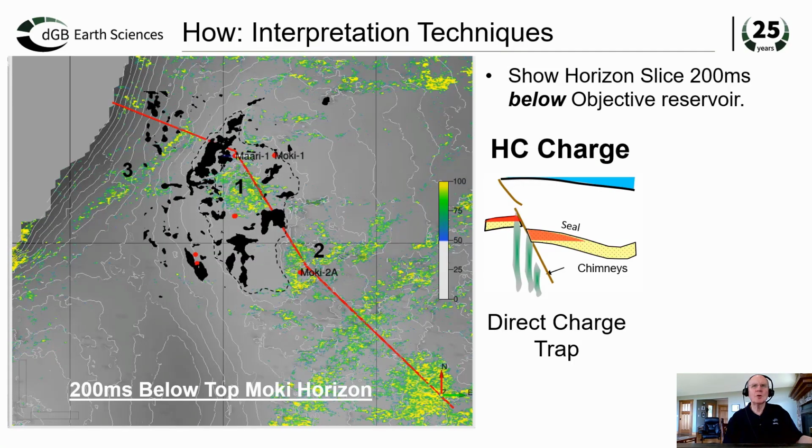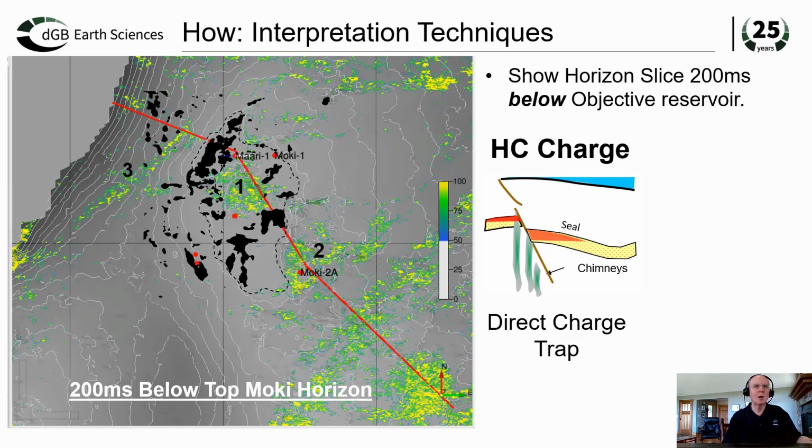Now, to evaluate hydrocarbon charge, one good way of doing this is to show a horizon slice 200 milliseconds below the objective horizon. That will show chimneys that are potentially charging the reservoir. In this case, chimney number 1 is right under the Mari structure.